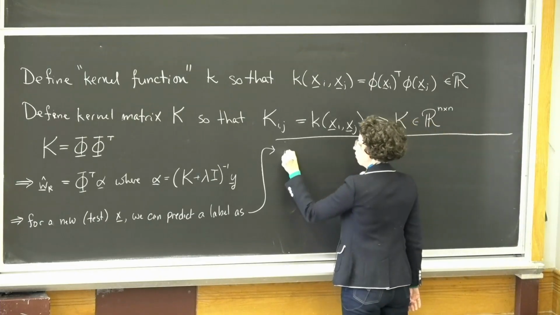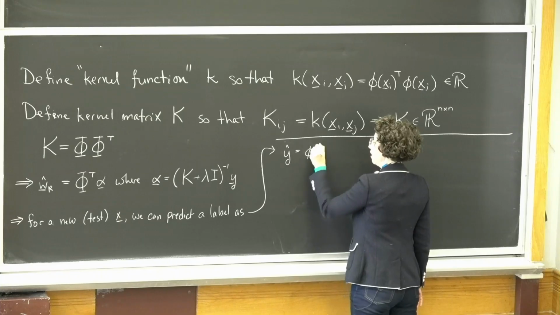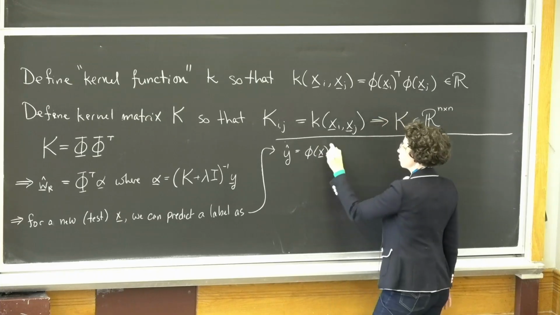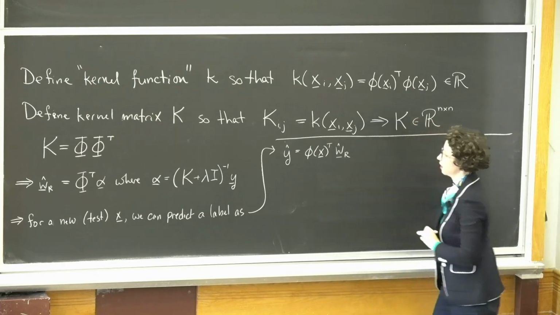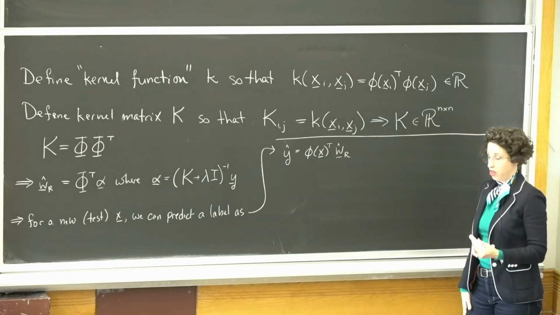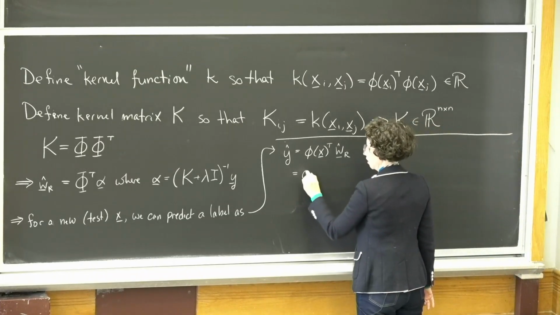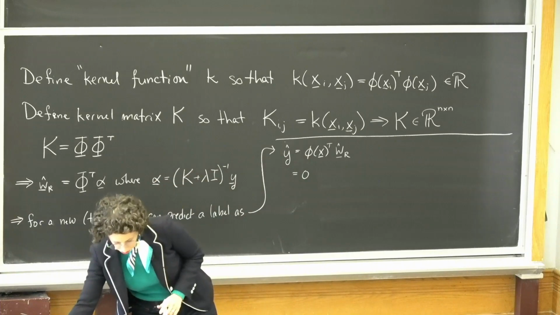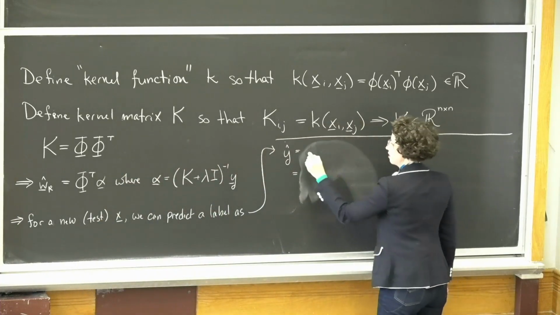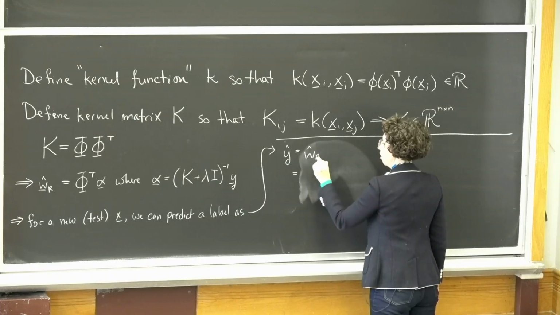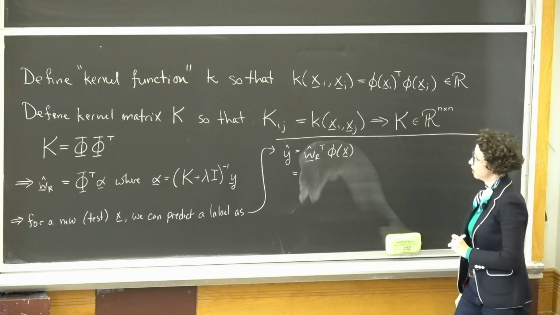I'm going to say that what we want is that y hat is phi of my new feature vector x transpose times w hat r. So now let's think about what that looks like. I'm going to write it the other way, it's just going to be a little bit convenient in a second. I'm going to say w hat r transpose times phi of my new feature vector x.